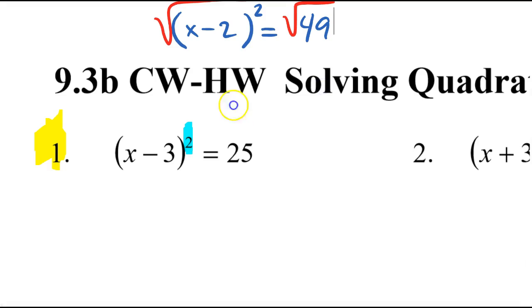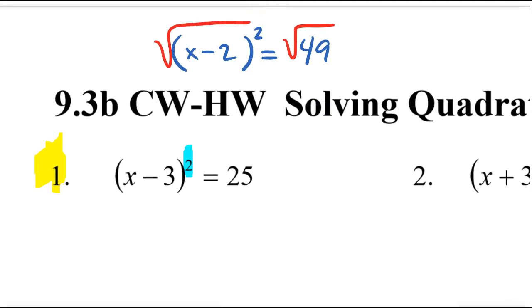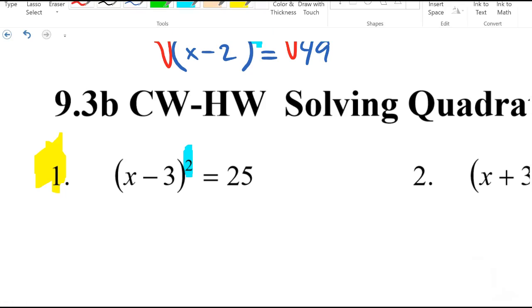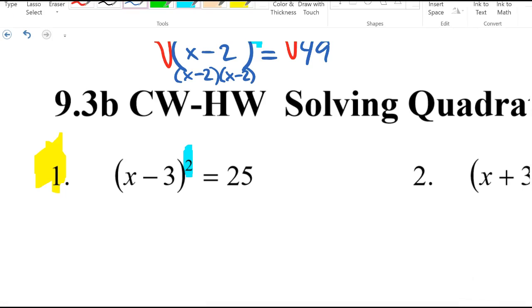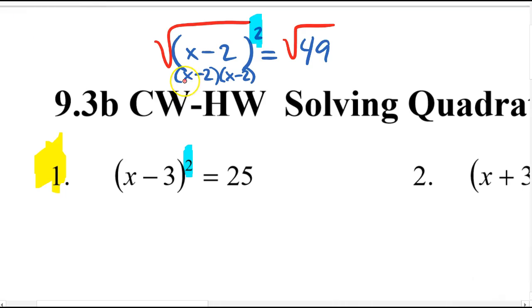So, remember, if I have squared here, this little 2, that means that I have x minus 2 times another x minus 2. And what happens is when you square root, that eliminates or takes away one of the x minus 2's.